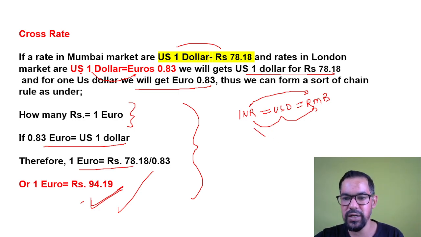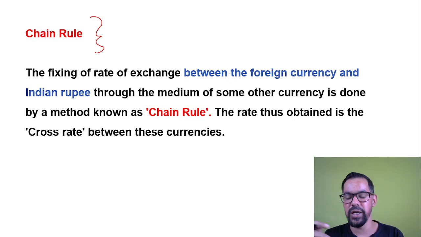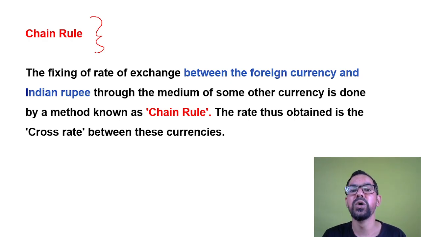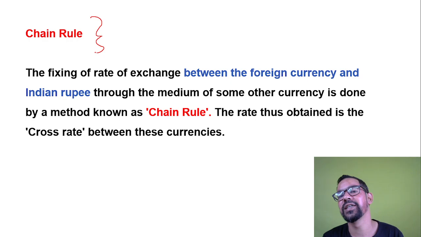This method is generally known as chain rule, okay. Many times, guys, this is a very important and very basic concept. So what is chain rule? When you use cross rate and use a third currency, which is most of the time US dollar, as a medium to exchange with another currency, this activity creates a chain, and that is known as chain rule.